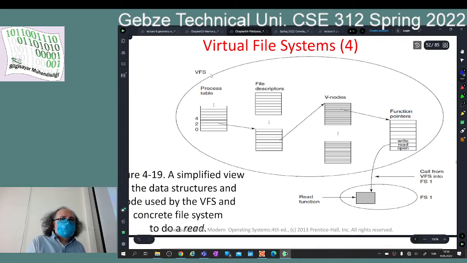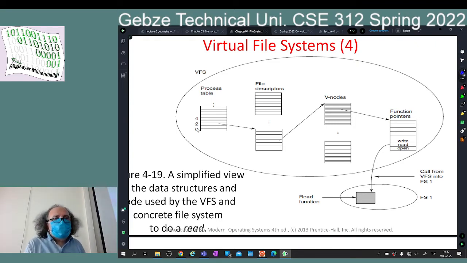Of course, I have my process table. And remember, in your process table, you have a pointer for your open files. Remember the process tables? You have all the accounting information about your processes, your memory, and that kind of stuff.